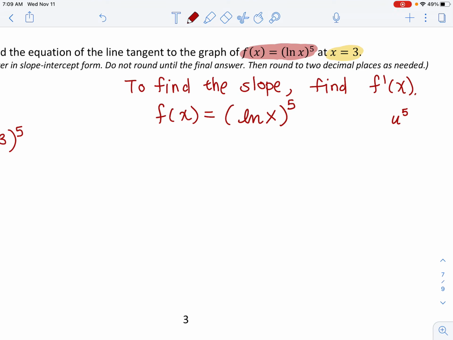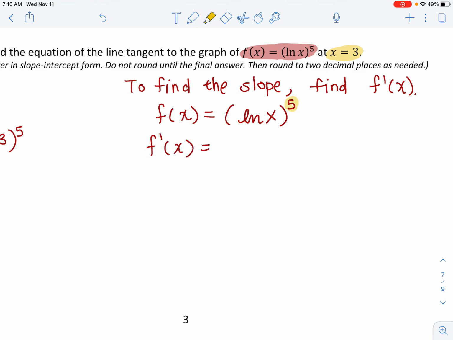And I saw some of you are using this u and v notation, so I loved it. So I'll write that down. I'll use it. So the inside function is natural log of x. So I'm going to go ahead and use the chain rule over here to find the derivative.